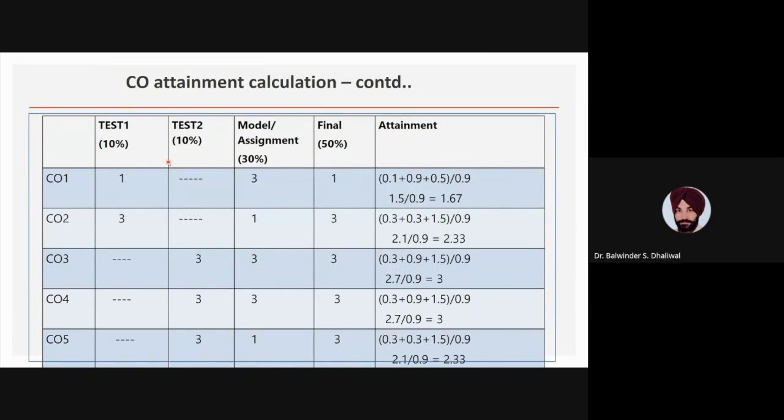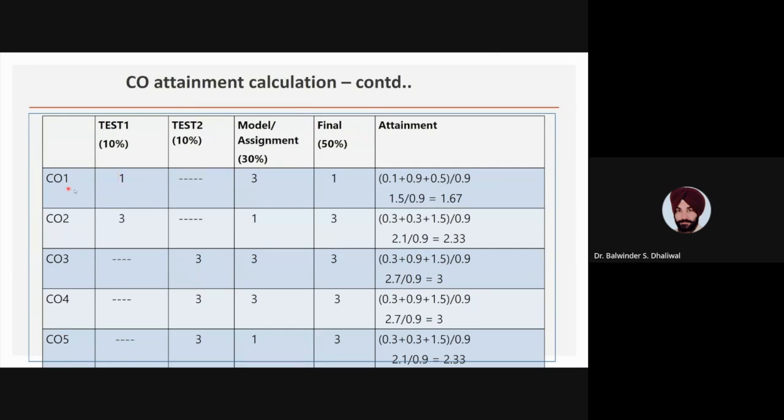So here is the table for doing that. This table shows the 5 COs for which we are trying to calculate attainment, and on the top you can see the assessment tools: test 1, test 2, model assignment, and the final end semester examination, right?